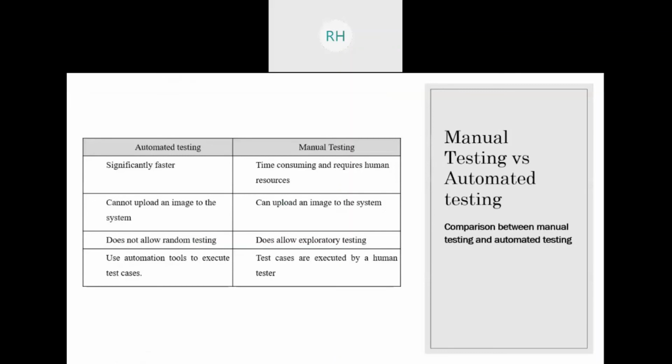And next, explained by Isan. So I will continue to the comparison between manual testing and automated testing. As we can see here, for the automated testing, there are four differences.